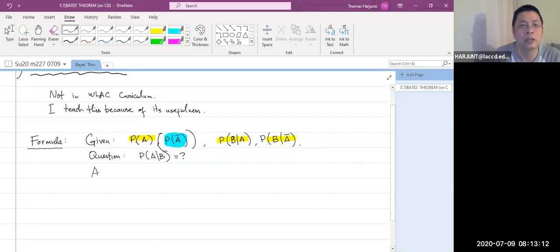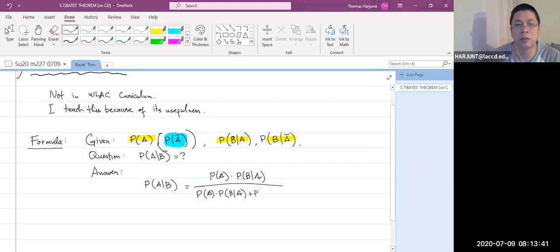The answer is: the probability of A given B is equal to the probability of A times the probability of B given A, over the probability of A times the probability of B given A, plus the probability of not A times the probability of B given not A.